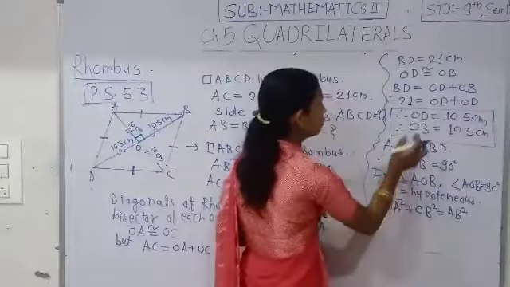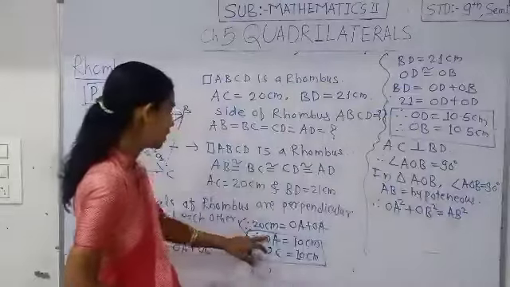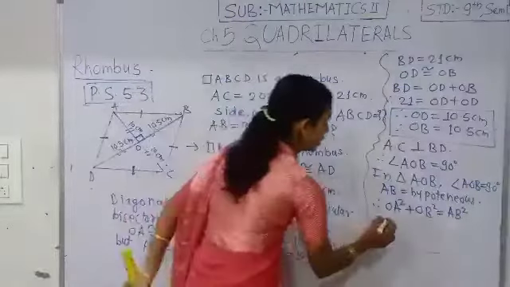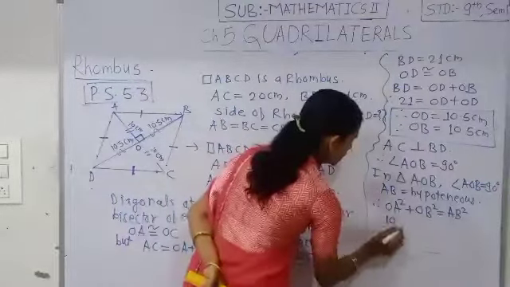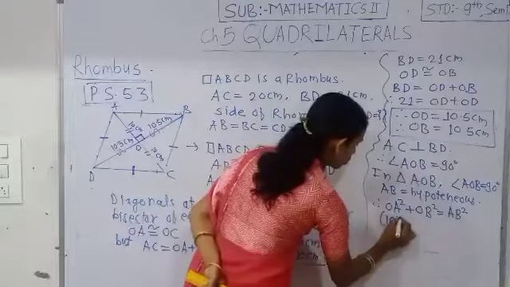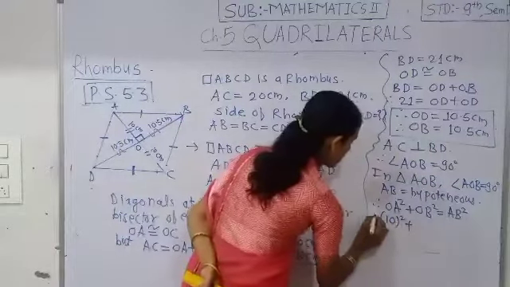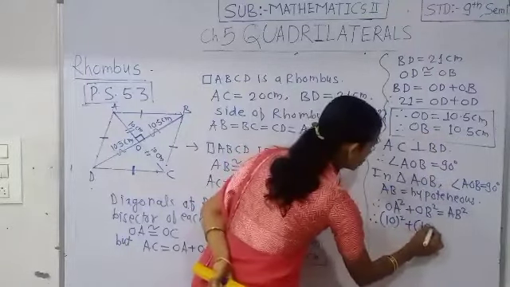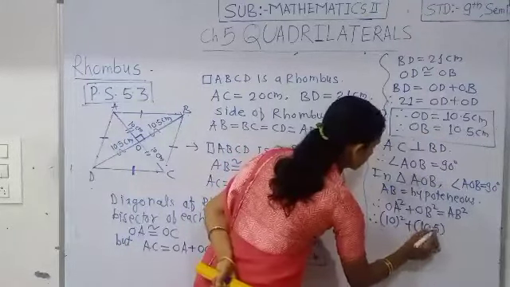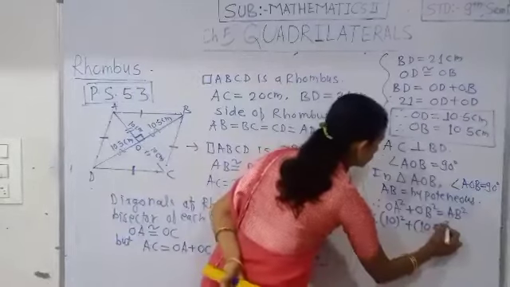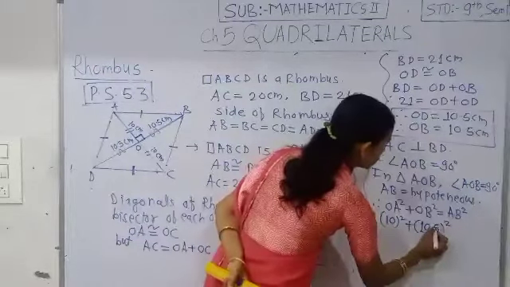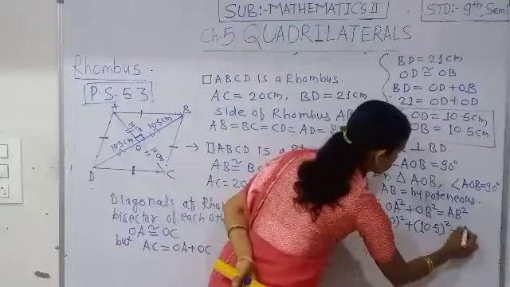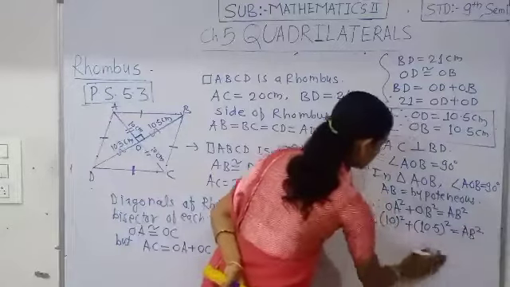Therefore, putting the value of OA, 10 centimeter, that is 10 square, plus OB, 10.5 centimeter, that is 10.5 square, is equal to AB square.